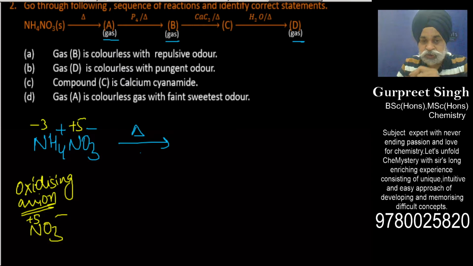So the tip to remember is that on heating, whatever hydrogens the ammonium part has, they will come out as water. You have 4 hydrogen atoms here, so 2 water would come out, and what you are left with is N2O.